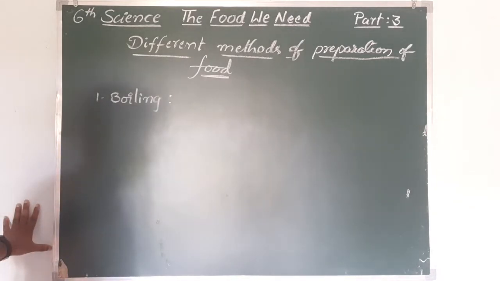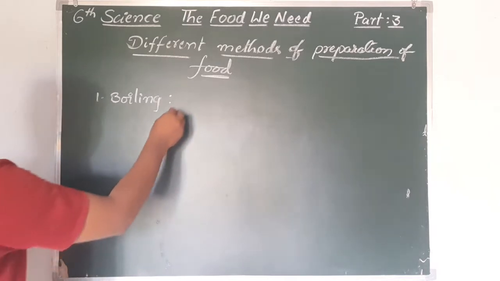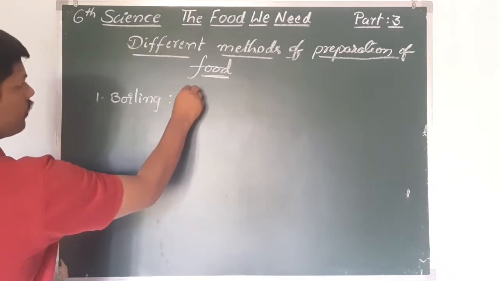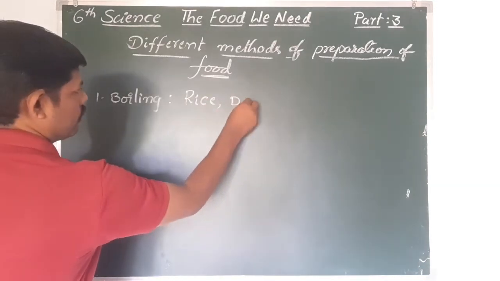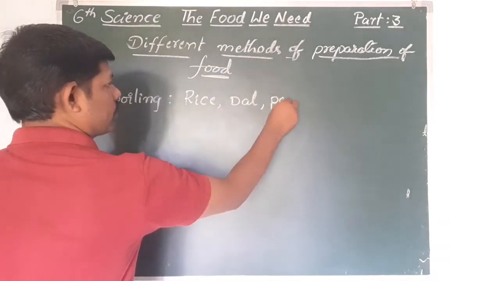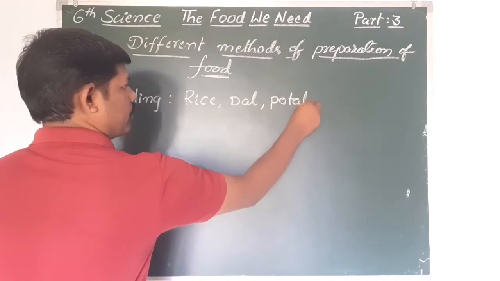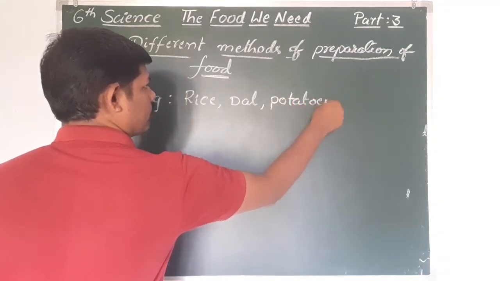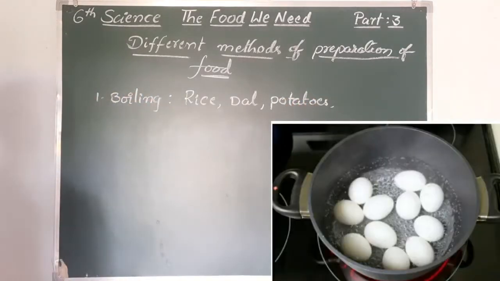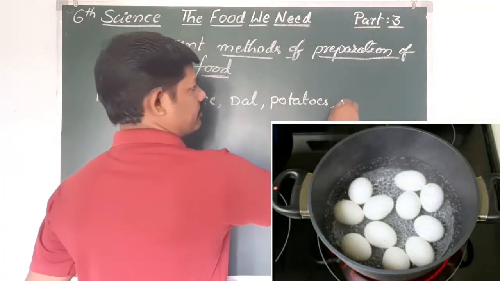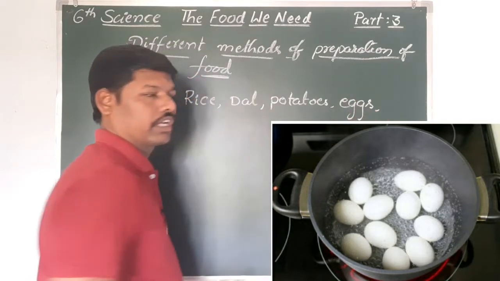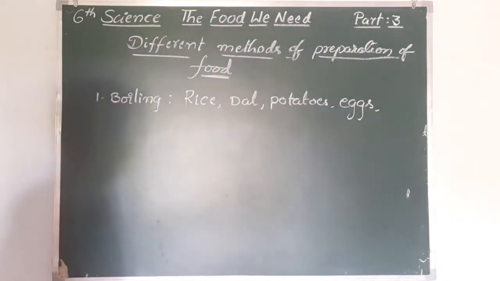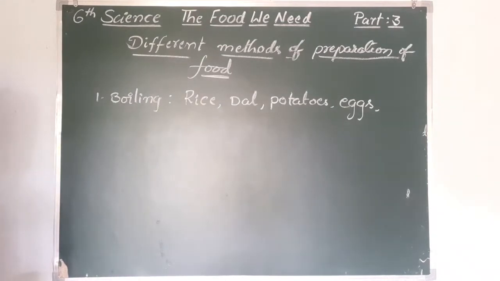For boiling, we use rice and dal, potatoes, and eggs. Etc. If you know any other food items, you can also add them.